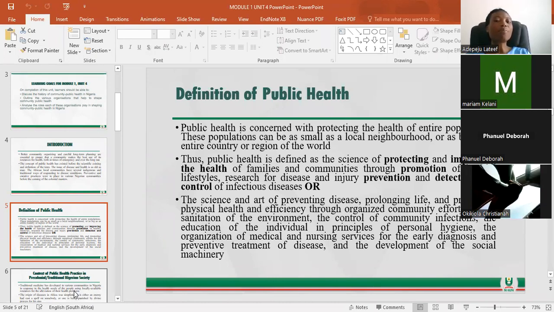And when you say population, it can be a small local neighborhood. I think we made a series of examples during our first class, that a community of people can be like us in this unit now offering NSC 303. We are a community of people.